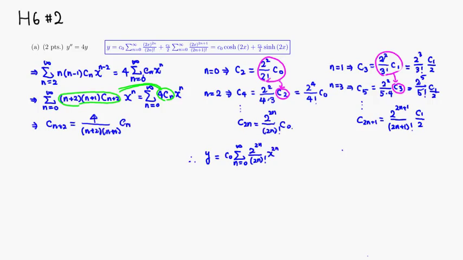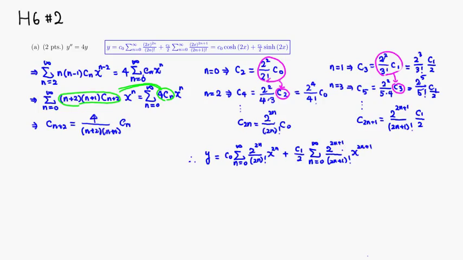These are the even power terms. Then plus the odd power terms, where the constant is c1 over 2, pulled out. Then you have a summation, n goes from 0 to infinity, 2 to the 2n plus 1 power over 2n plus 1 factorial.